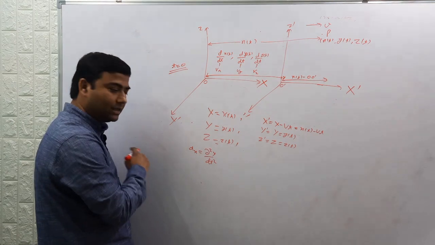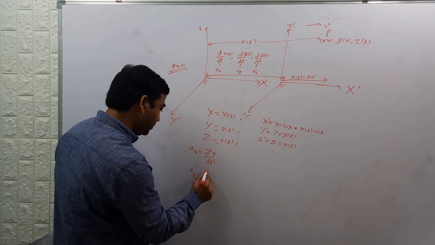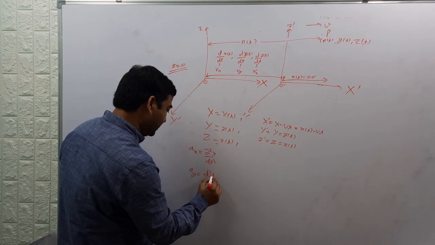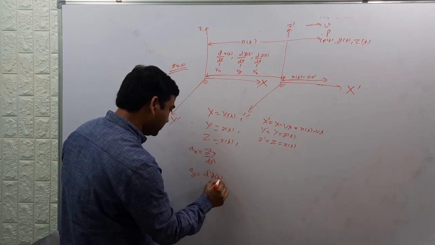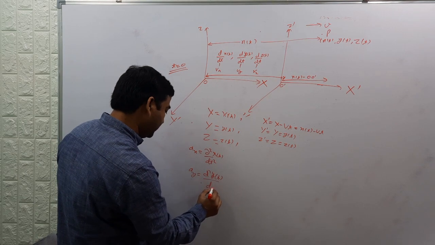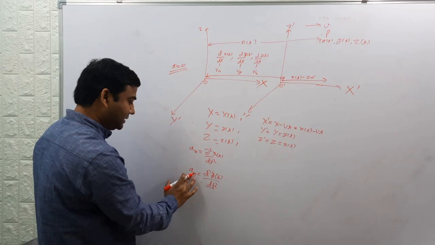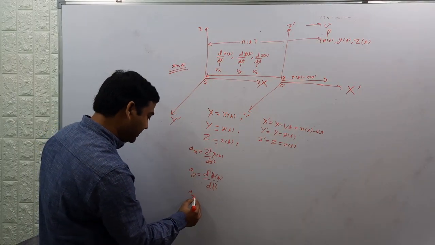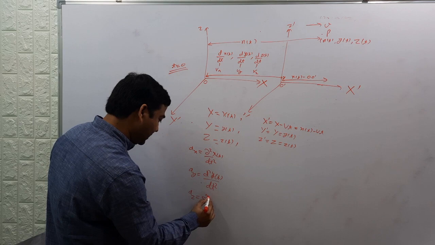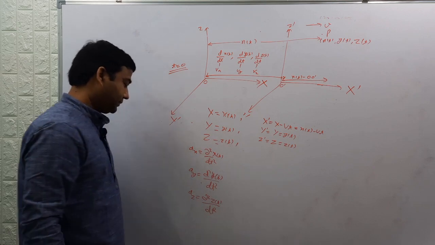As we have discussed in earlier discussion, ay is equal to d2y over dt square. After time t, the instantaneous accelerations in x, y, z direction are given as d2z by dt square.